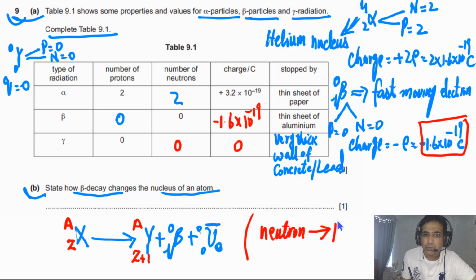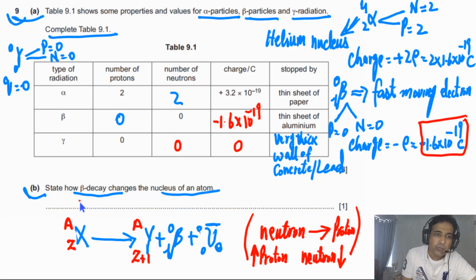Neutron changes into proton. It simply means that proton number increases. It has one more proton and one less neutron. So neutron number decreases.